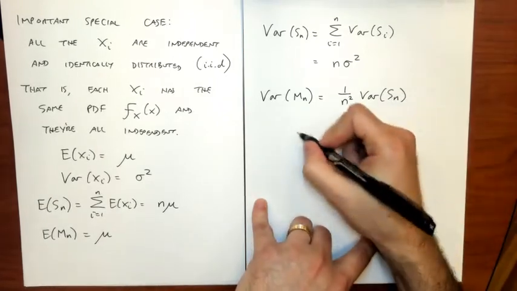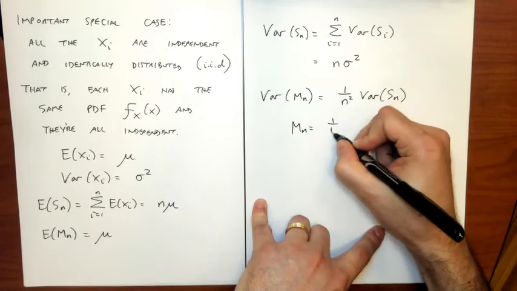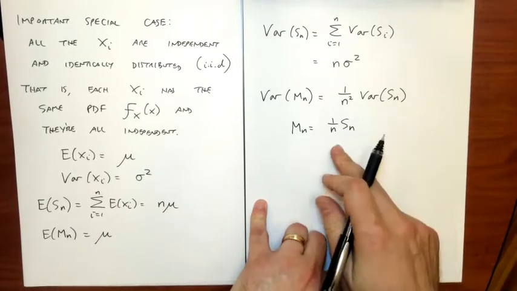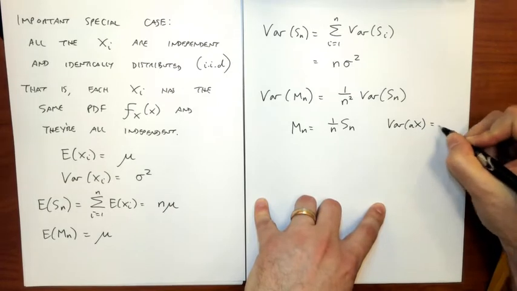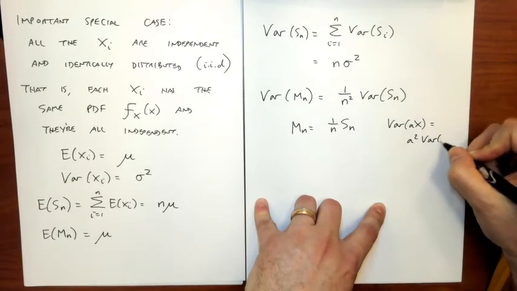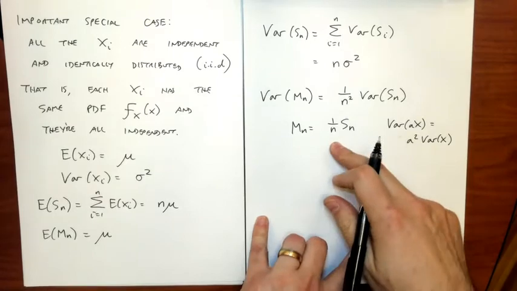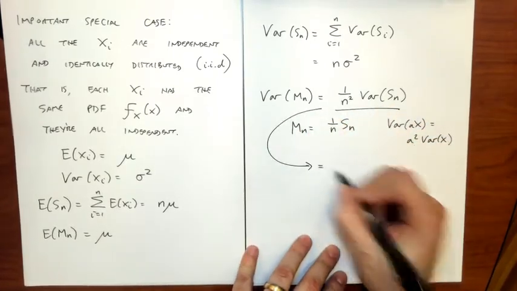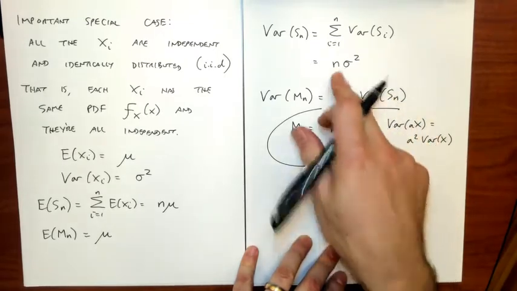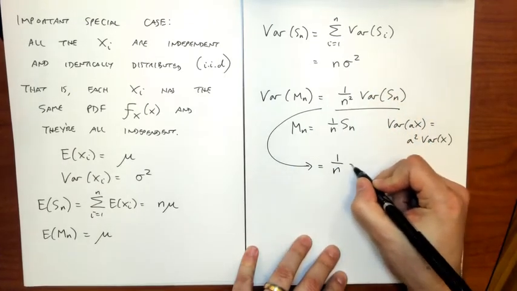Why is that? Because the mean is 1 over n times the sum, and we know that the variance of ax is a squared times the variance of x. And so here my a is 1 over n, and so I get this 1 over n squared, and that means I have 1 over n times sigma squared.